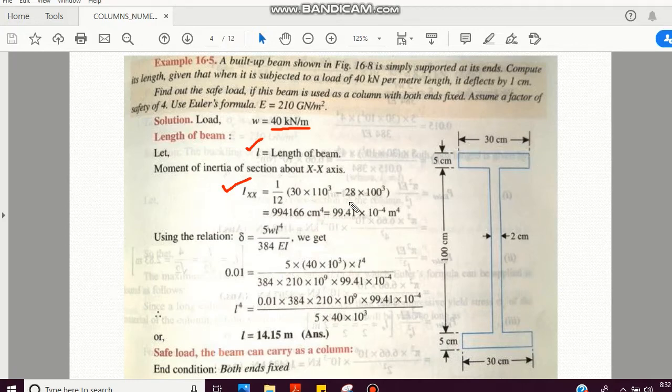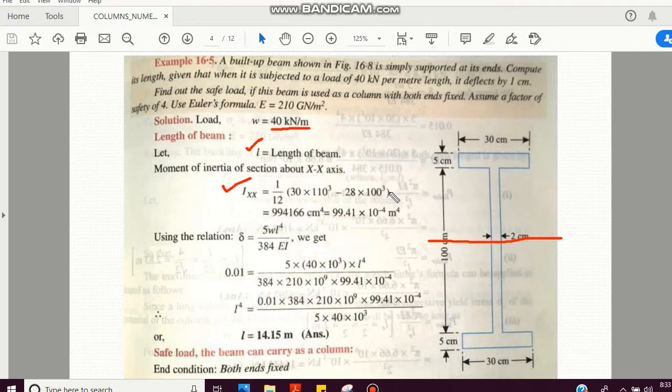The moment of inertia about the x-axis, which passes through the CG, is Ixx equals 1 by 12 into 30 into 113 cube minus 28 into 100 cube.